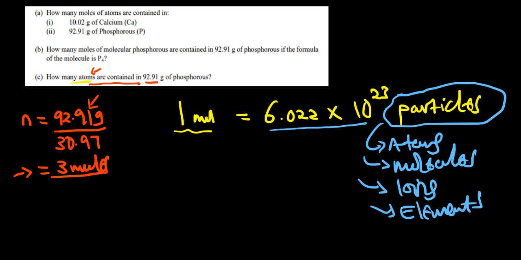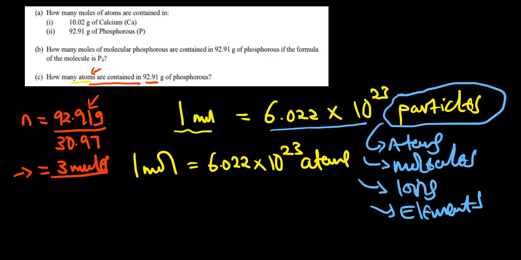Whether you are asked to find the number of molecules, atoms, ions, or elements, you are going to use the same formula. In this case, we've been asked to find the number of atoms, so our ratio will just be 1 mole is equal to 6.022 multiplied by 10 to the power 23 atoms.